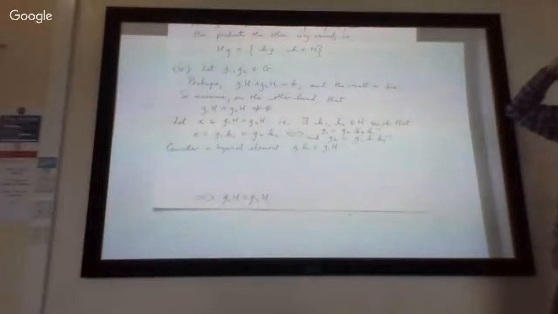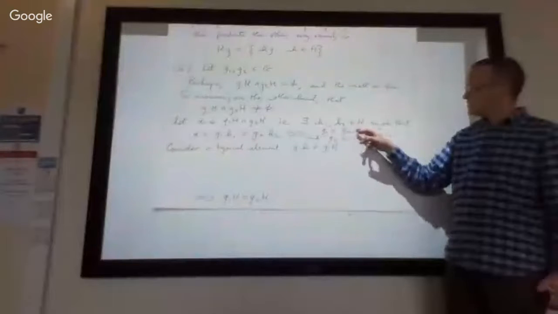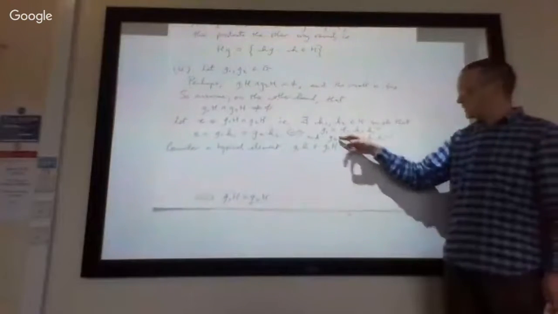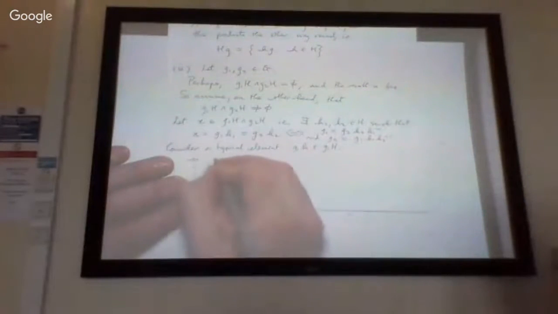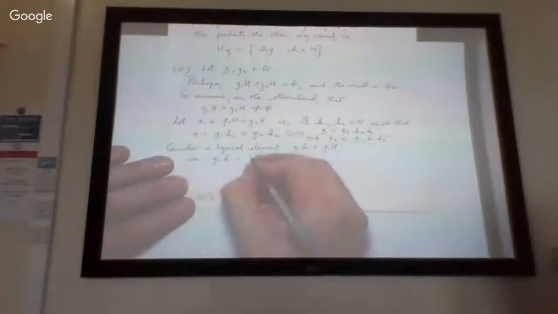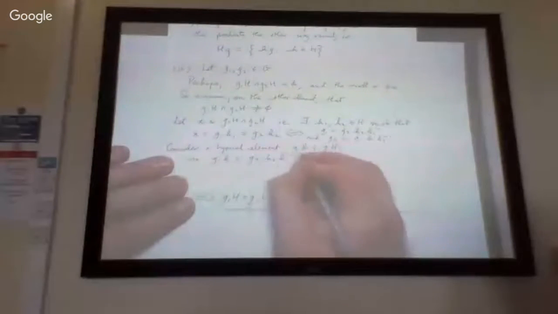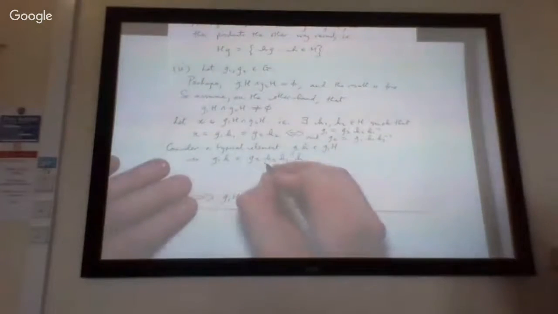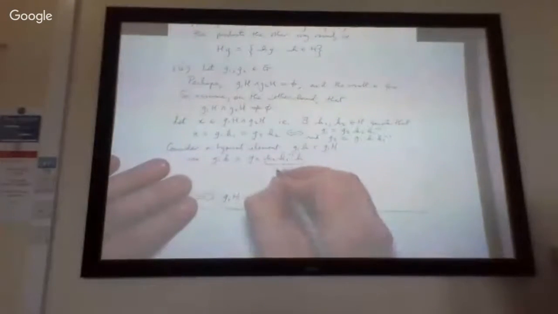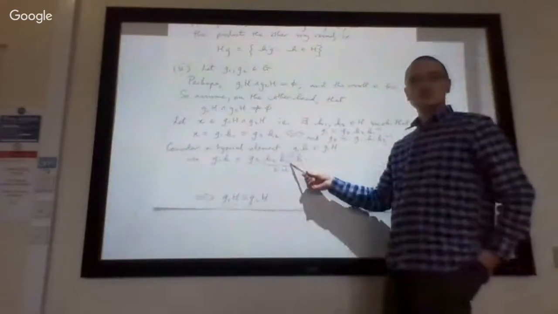But these equations allow you to replace G1 with an object of the form G2 times something in H, and similarly replace G2 with G1 times something in H. So this typical element of the left coset G1H can now be expressed as G2H2H1 inverse H. But you see, this triple product here is certainly an element of H, because H is a subgroup.